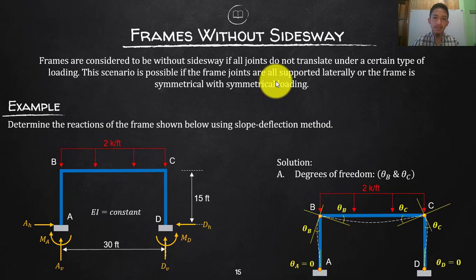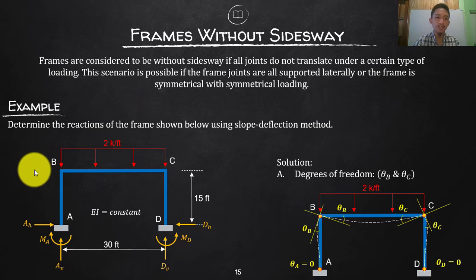Again, for us to have a frame without sidesway, that can be a frame where all the joints are supported laterally. And the other case is that even if that is not supported laterally, if your frame is symmetrical and that is loaded with symmetrical loading also. So this is our case in our example.